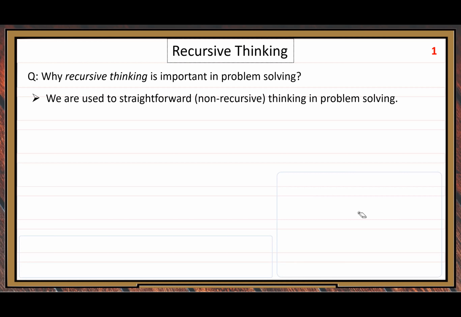But for recursive thinking, you need to make some assumption. You need to assume some special case, to make your problem smaller, in smaller problem size. Here we are targeting the problem size.